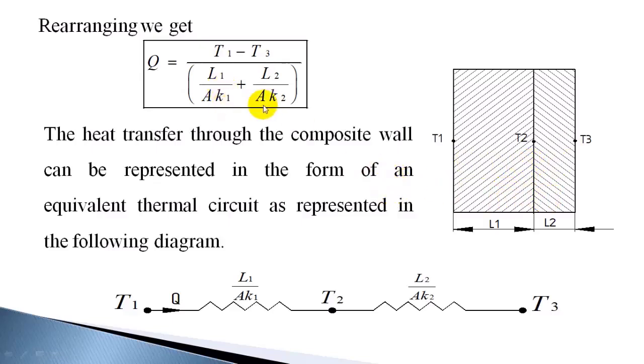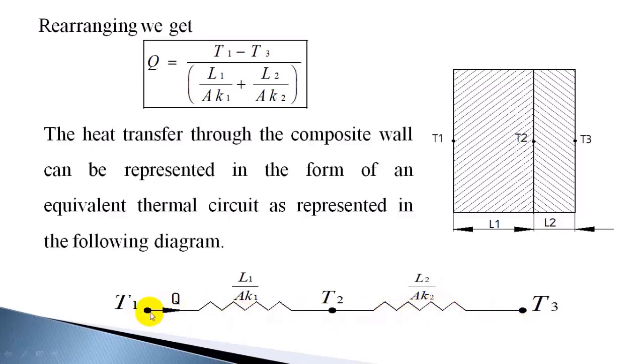Now this can be represented in the form of an electrical circuit. So this is a thermal circuit. Between T1 and T2 the resistance is L1 by AK1, and between T2 and T3 the resistance for conduction is L2 by AK2. So the heat flowing, Q, is either T1 minus T2 divided by the resistance between them, or T2 minus T3 divided by the resistance between them, or T1 minus T3 divided by the summation of the resistances.